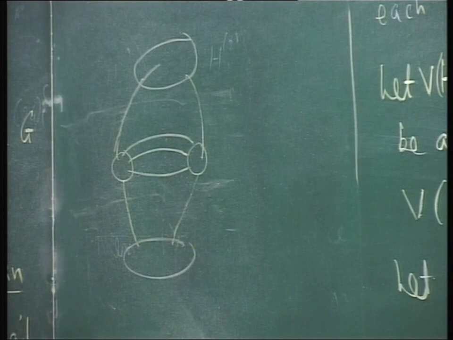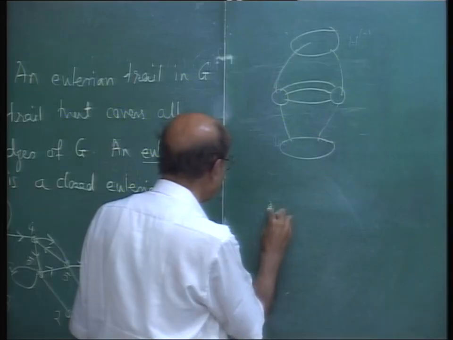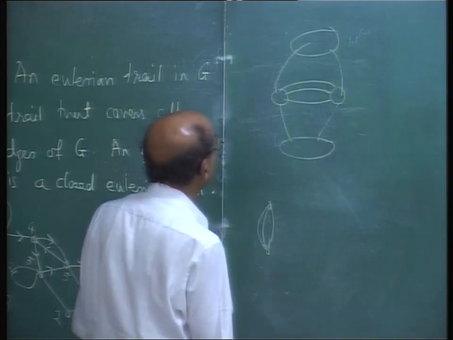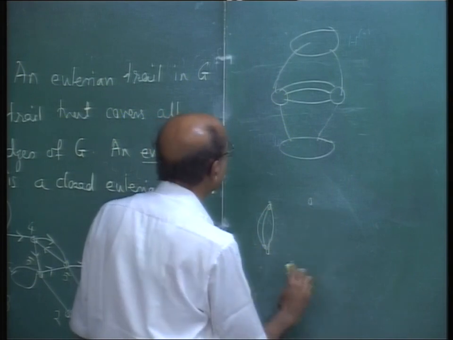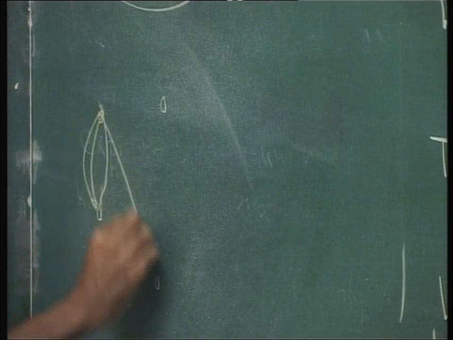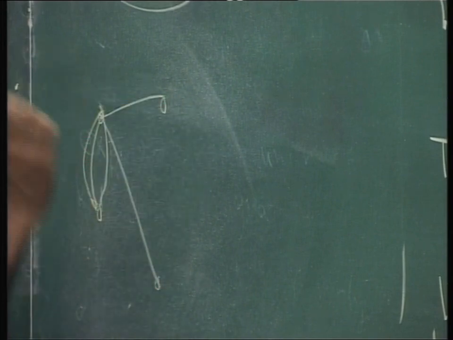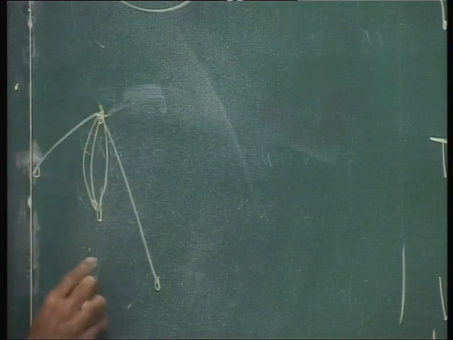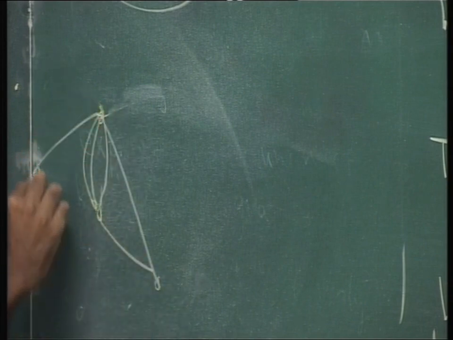In terms of modern graph theory that we look at, this is as good as saying that you have 4 vertices. There is a multiple edge here. I think let's draw it on the other side.